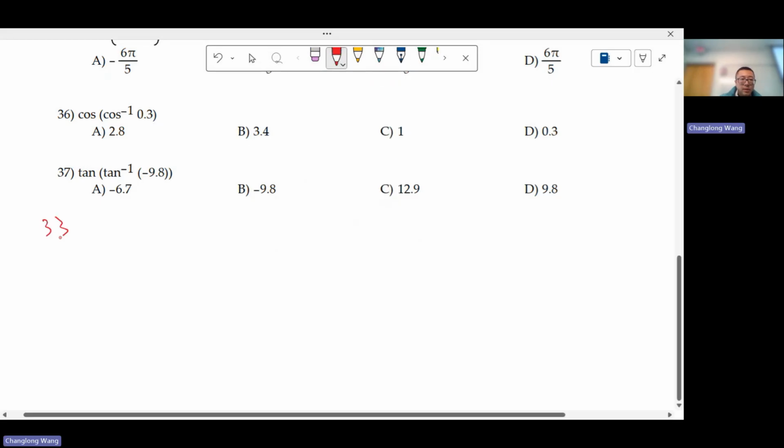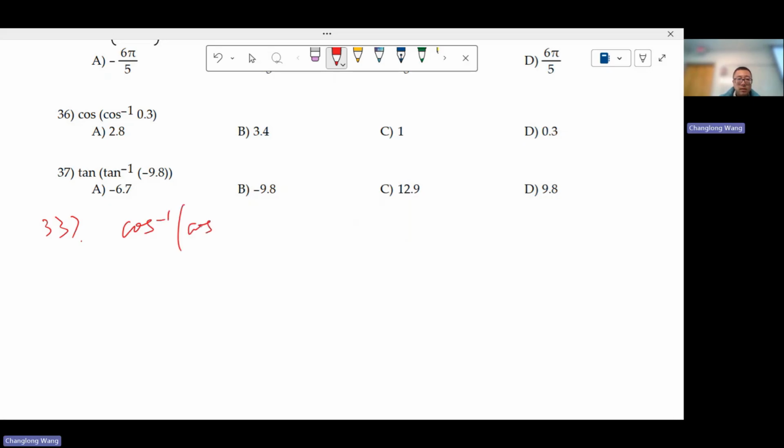All right, so 33, I want cosine inverse of cosine of 4 pi over 3, right? And I want to alert you that this is not 4 pi over 3. Why not? It's again too big.